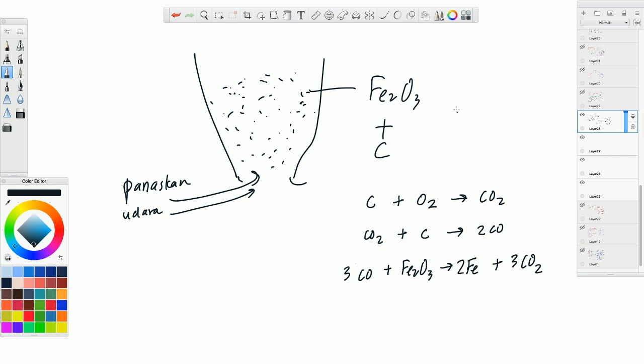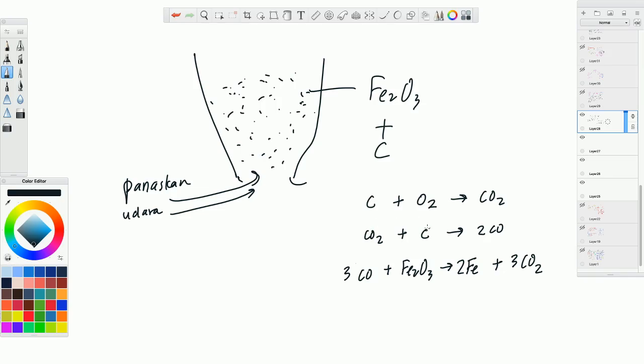Alright, that's it. Ada kala karbon akan terus bertindak balas dengan ferrum 3 oksida menjadi ferrum dan karbon dioksida. Konsep ini ialah karbon lebih reaktif daripada ferrum.